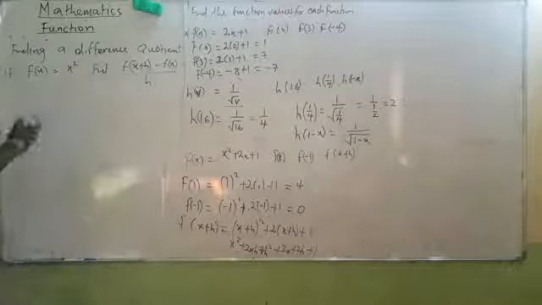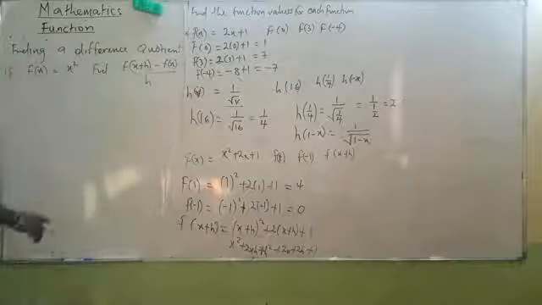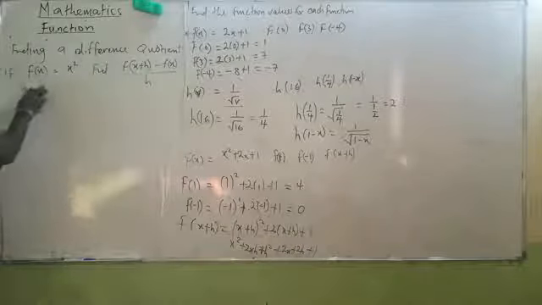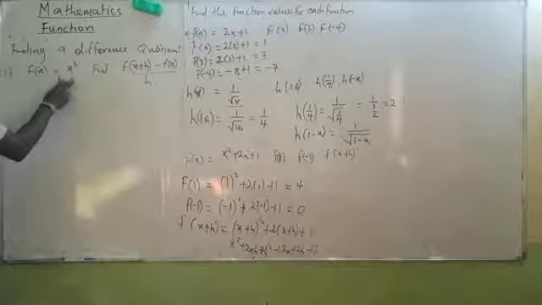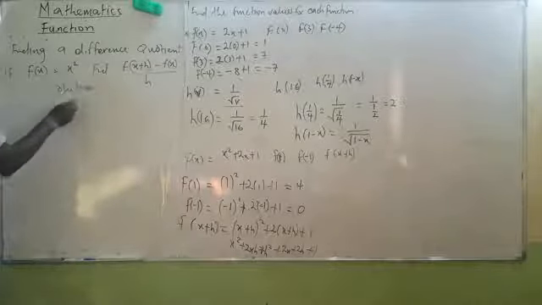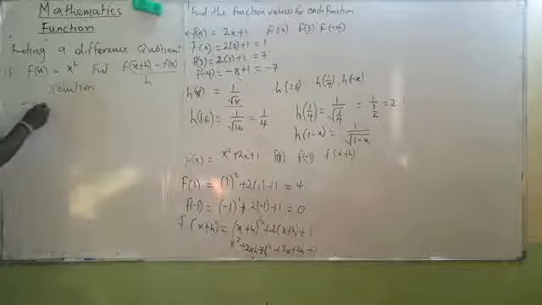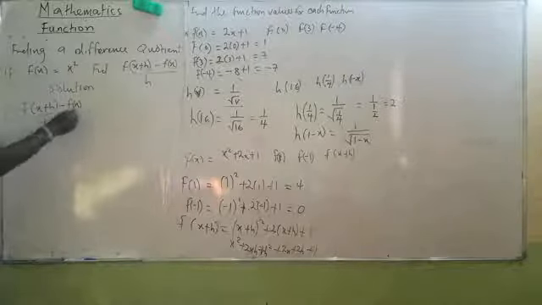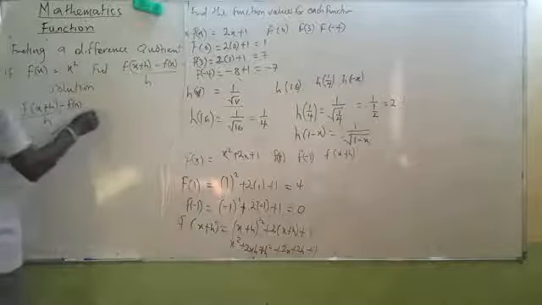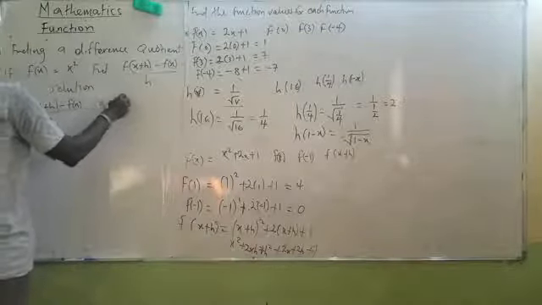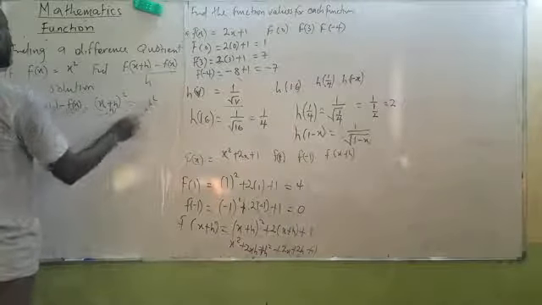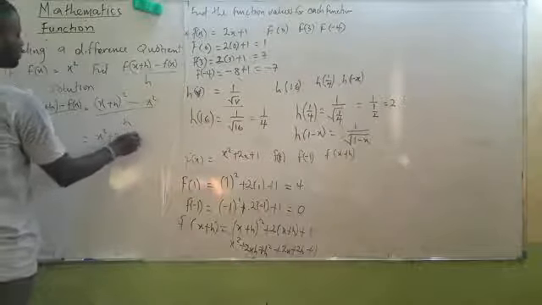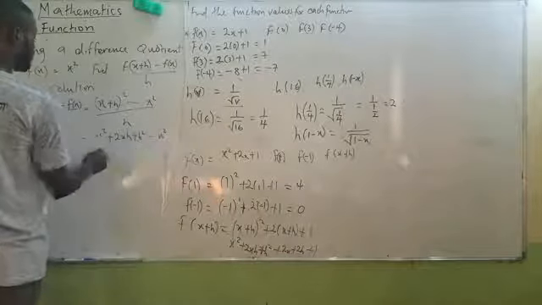What you just need to do: f of x has been declared. Since f of x has been declared, the solution to this problem will be equal to f of x plus h minus f of x, divided by h, which will be x plus h squared minus x squared, divided by h, which gives x squared plus 2xh plus h squared minus x squared, divided by h.